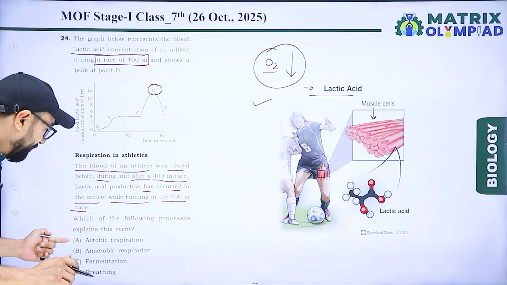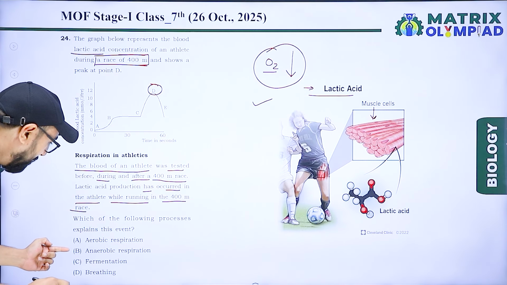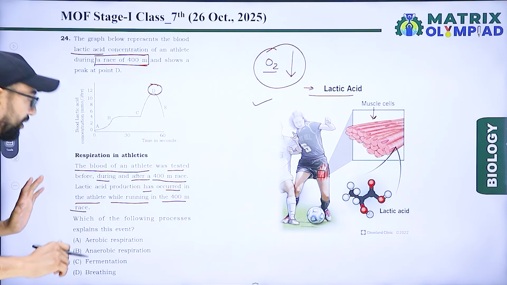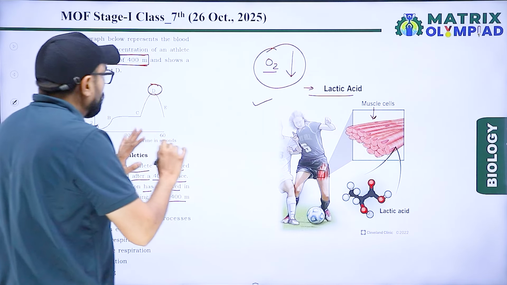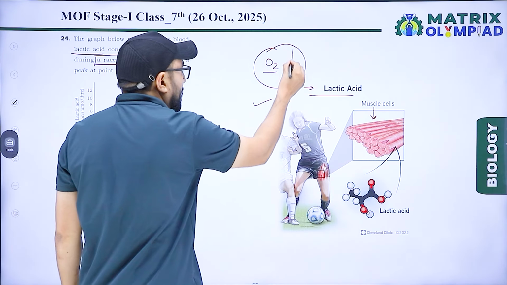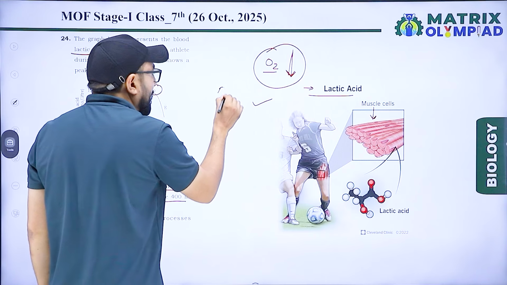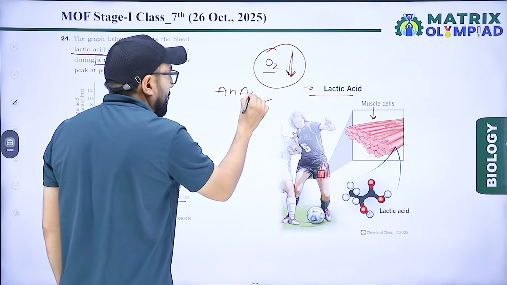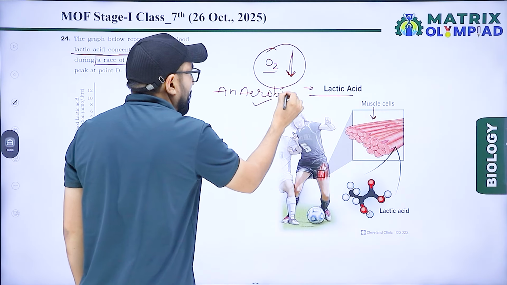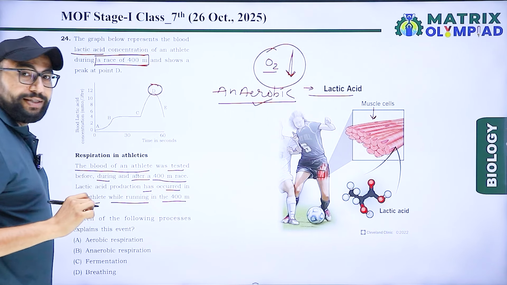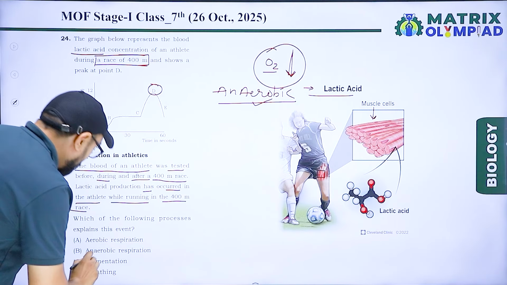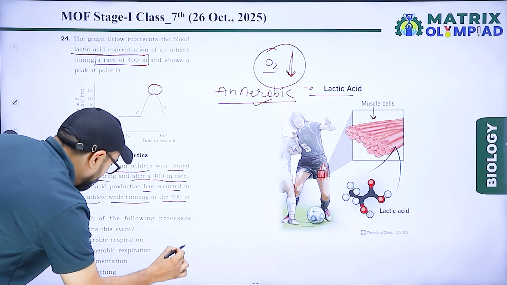Option A, aerobic. Option B, anaerobic. C, fermentation, and D, breathing. According to this process, the oxygen level goes down, which means anaerobic respiration. The right answer for this question is option B.